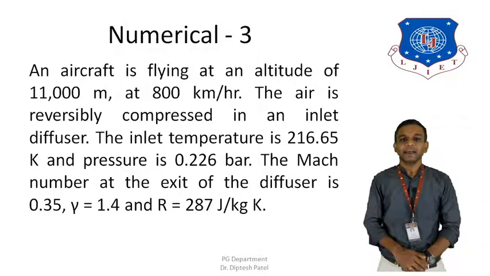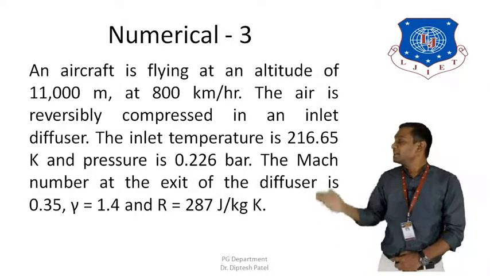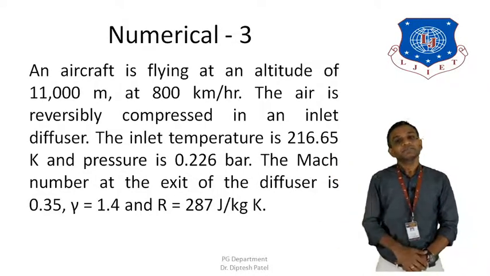The Mach number at the exit of the diffuser is 0.35. Also gamma is 1.4 and the characteristic gas constant R is 287 joule per kilogram Kelvin. So we are going to take gamma as 1.4 and R as 287 joule per kilogram Kelvin. So these are the data which is given to us.